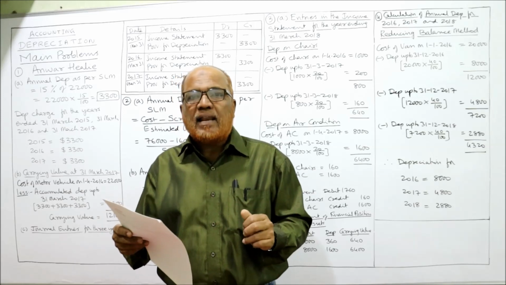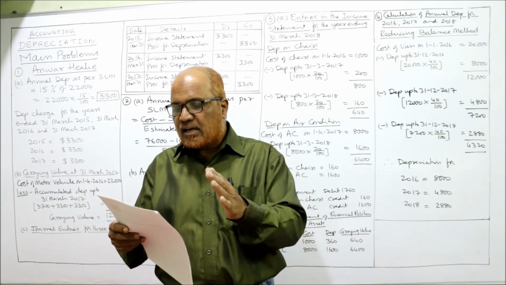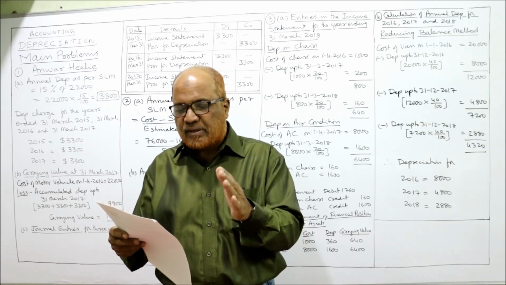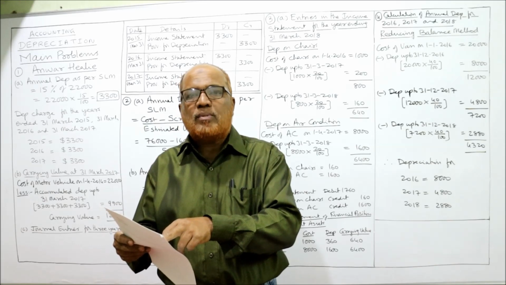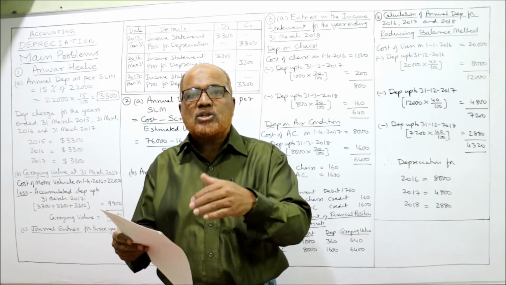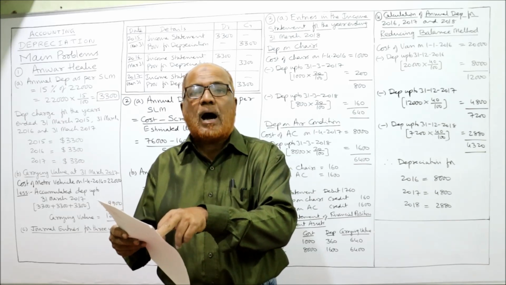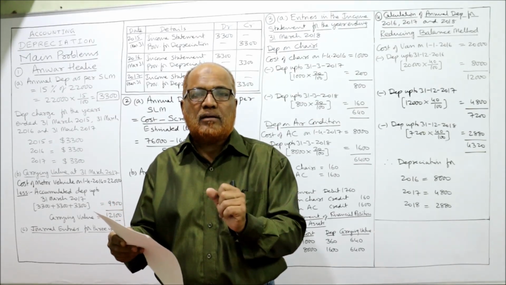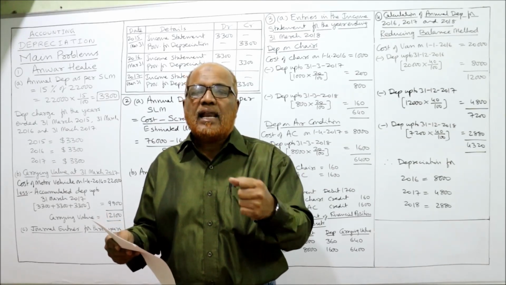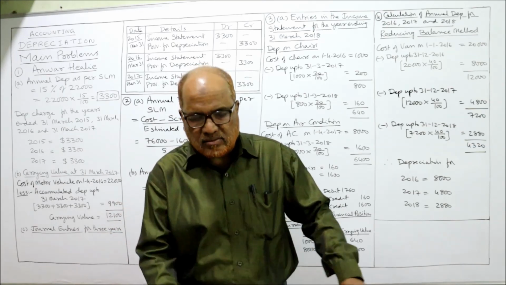First A bit. Calculate the depreciation charge in his accounts for the year ended 31st March 2015, 31st March 2016 and 31st March 2017. Actually, when he has bought the vehicle, it is given 1st April 2014. So first question, calculate the annual depreciation for 15, 16 and 17.